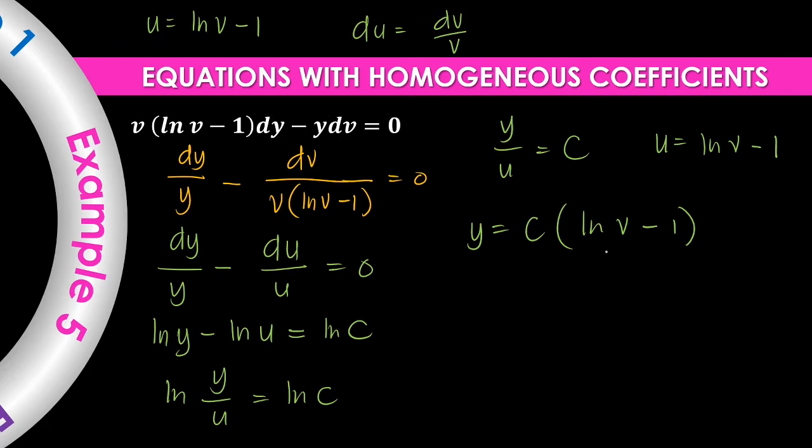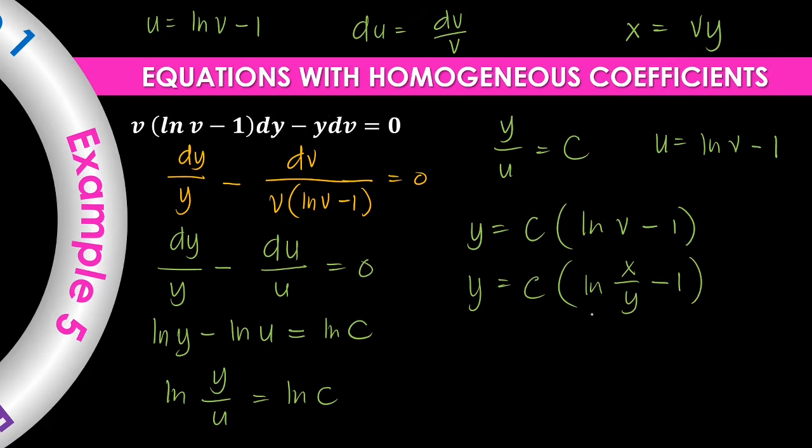But this is not yet the final answer because the original variable is x instead of v. Remember we used the substitution x equals vy. So from this, I can replace v with x over y. So y equals c times ln of v, again v is x over y, minus 1.